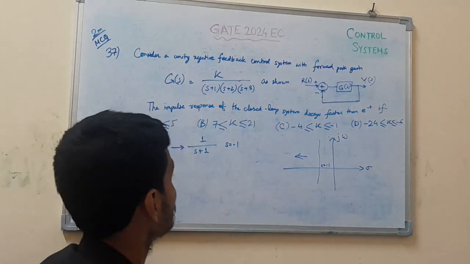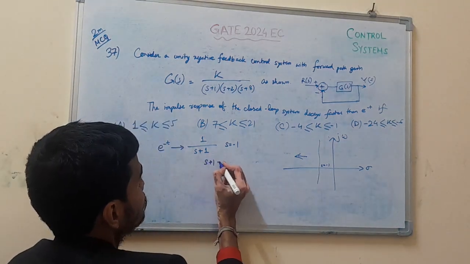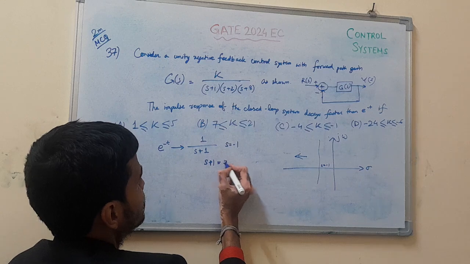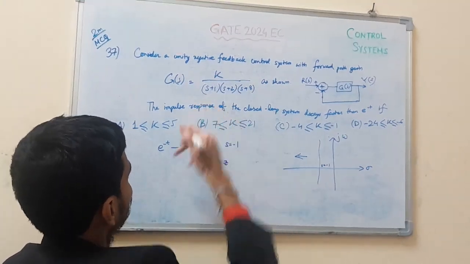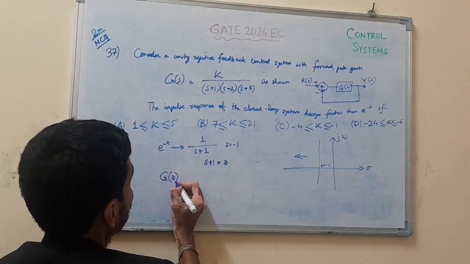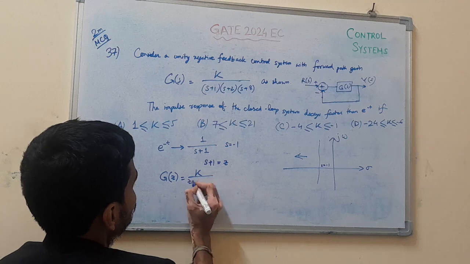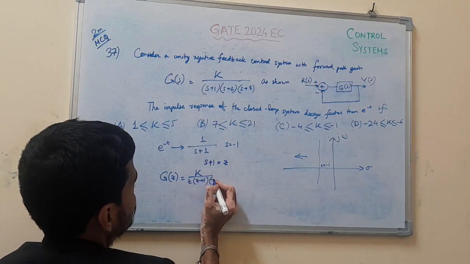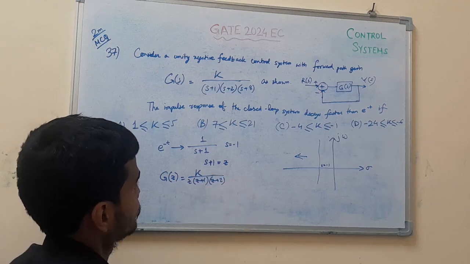So what we will do is substitute s equal to z minus 1, with z as another variable. So G of z becomes K by z into z plus 1, z plus 2.